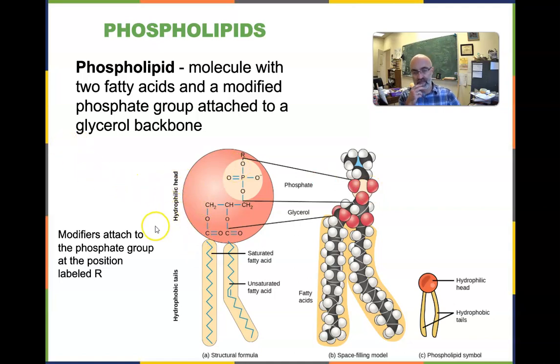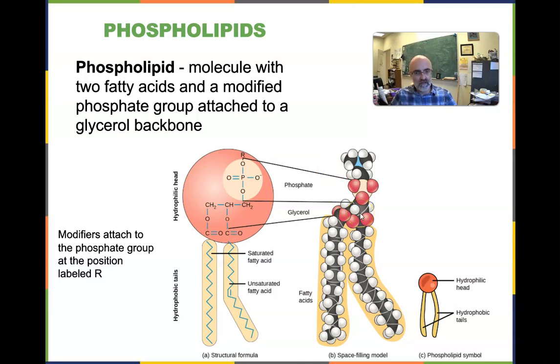In this case, the head part, which is made up of the glycerol and phosphate, is hydrophilic, and you can see that's because of this negative charge on the oxygen. So it has a polar head and it has non-polar tails. These tails are just long hydrocarbons. The black little units here are carbon, and the white units are hydrogen, and so the tails are nothing but hydrocarbon tails. And these are hydrophobic and these are hydrophilic.